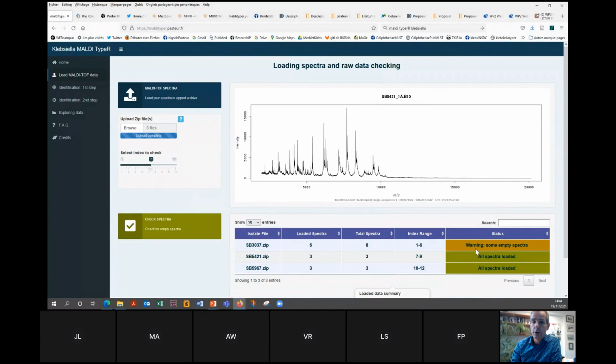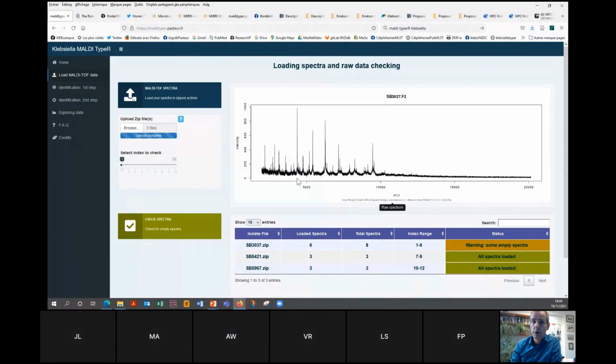And so here you can see a table with the status in terms of quality of the data. I think peak 1 is of a bit bad quality. You see a big background noise. And so this is a warning here.